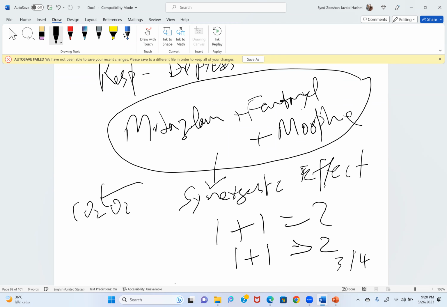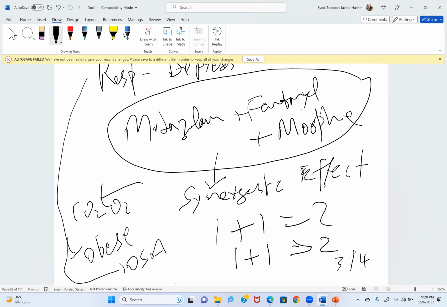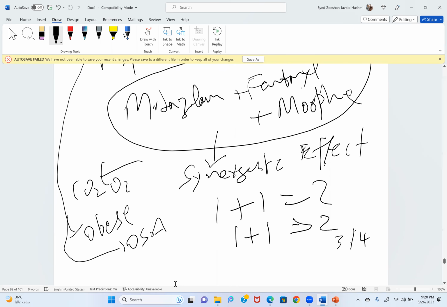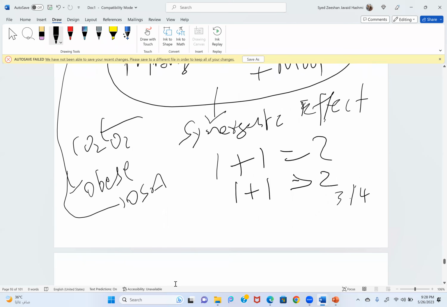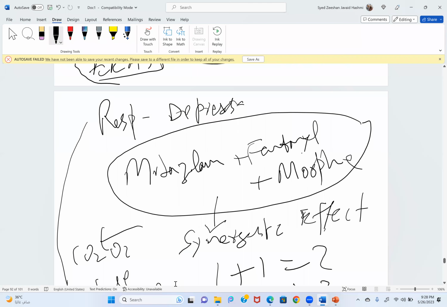Okay. So, this will be a problem if you are using it in, again, obese patients and any patient having like any OSA or things like that. So this will be the problem. And for example, in any patient in which CO2 retention will be a problem. So this will not be a good choice. So respiratory depression is there with almost all the opioids. So people don't give morphine.